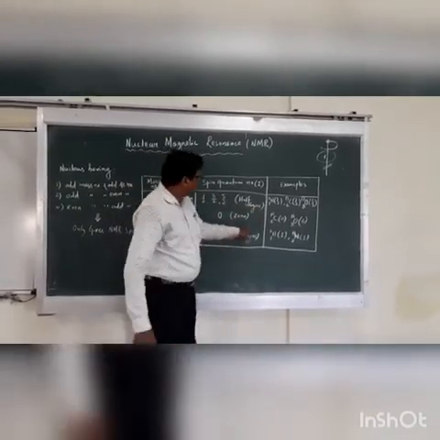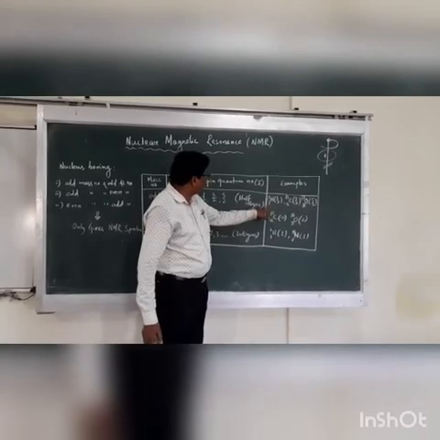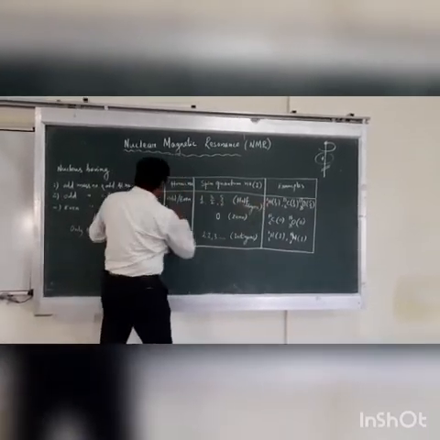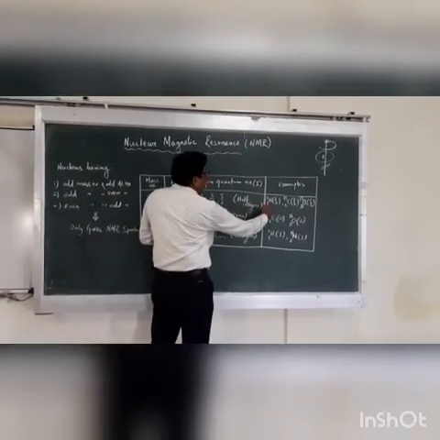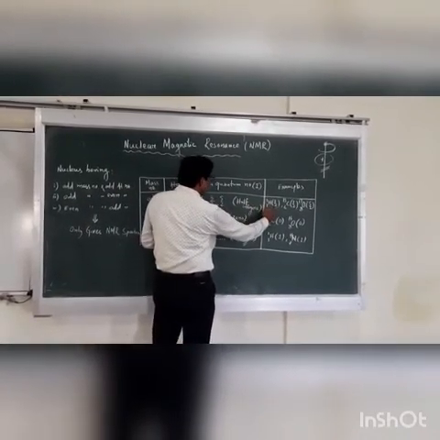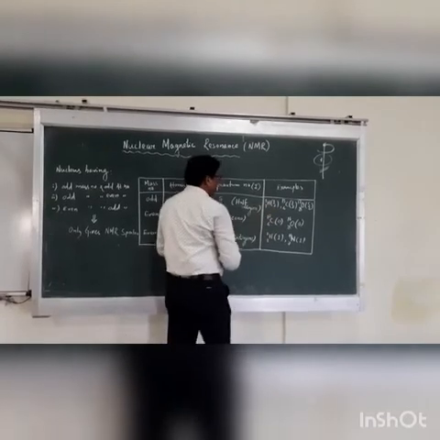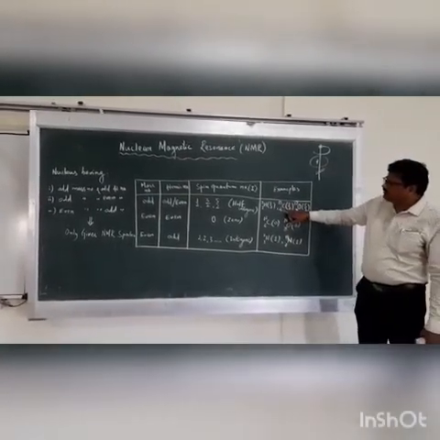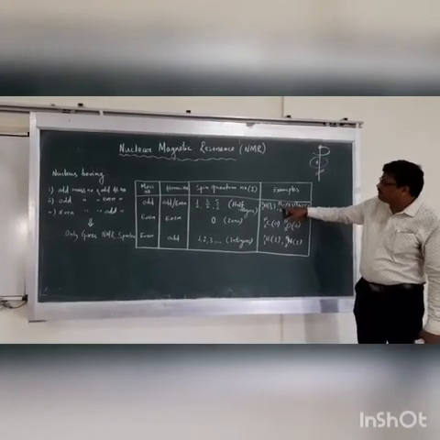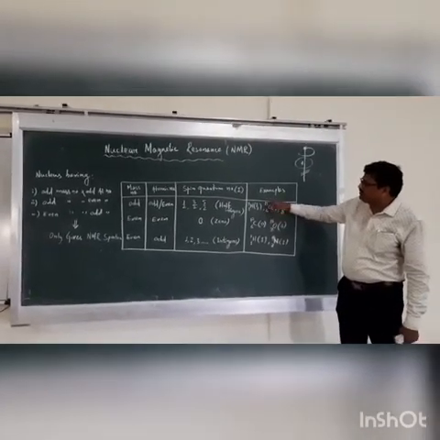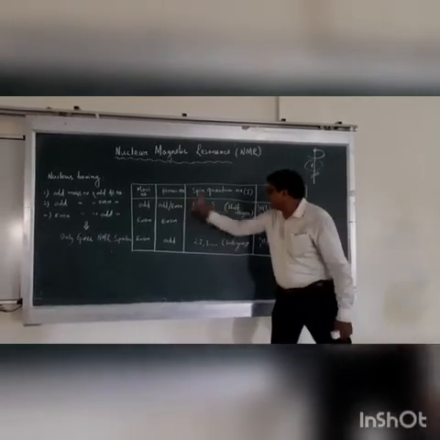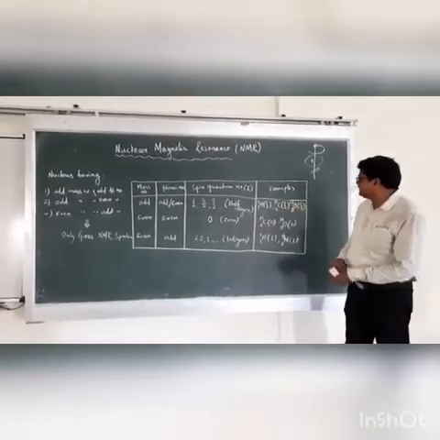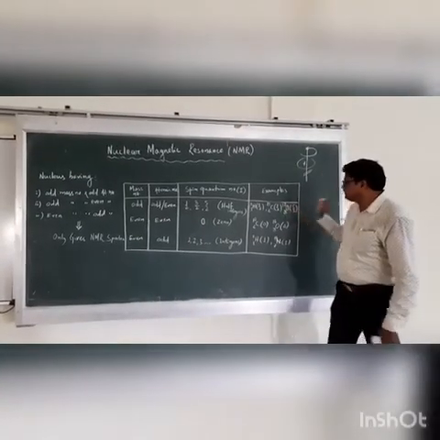The examples are hydrogen with atomic number 1 and mass number 1. Mass number 1 is odd, atomic number 1 is odd, and the spin quantum number I is 1/2, a half integer. Now carbon-13: the mass number is 13, which is odd, but the atomic number is 6, which is even, and the spin quantum number is 1/2, a half integer. Another example is oxygen-17.